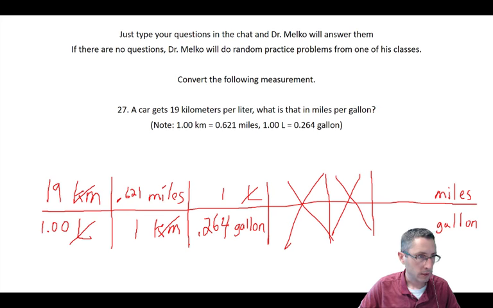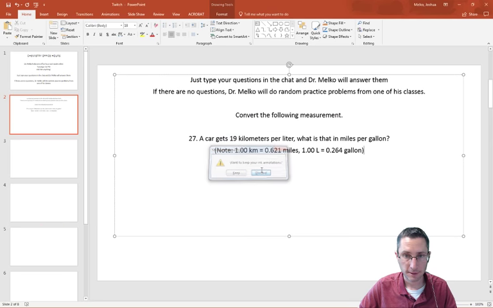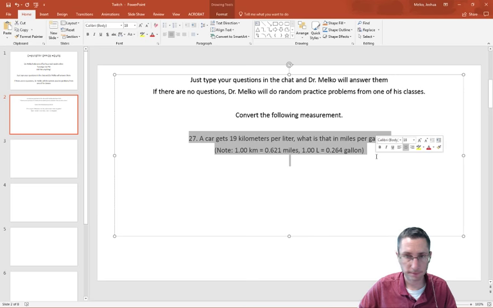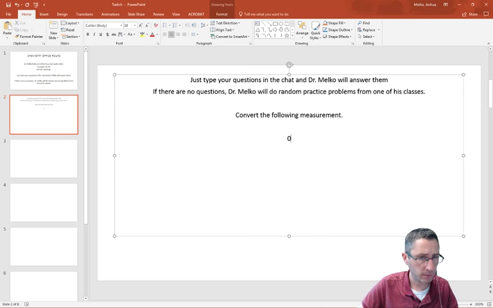All right, so another question. Could you solve the following, milliseconds to nanoseconds? I can. Hopefully. 0.000850 milliseconds to nanoseconds.